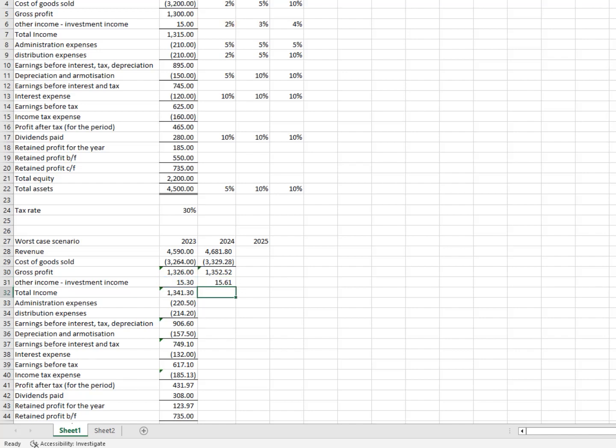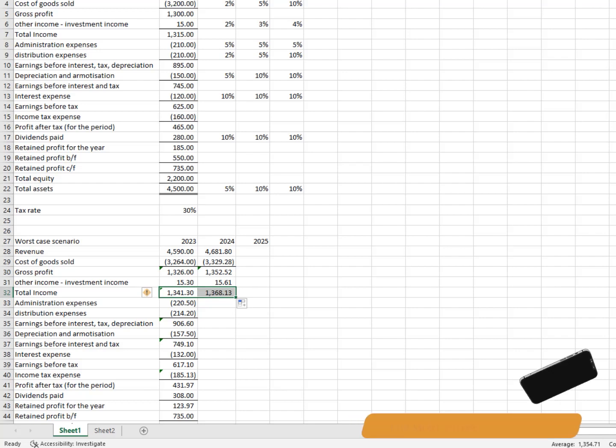Then we have the total income again. We can drag it the same way to make our work easier. Come to the bottom right corner until you see that plus sign. Click and then drag to the right and then let go. It copies and it also copies the format.